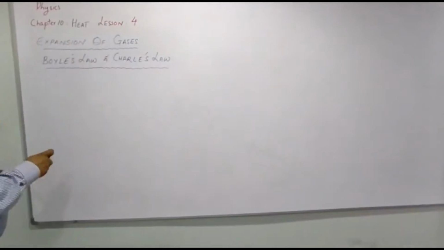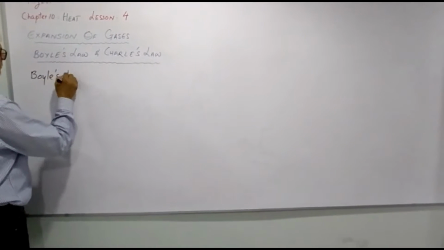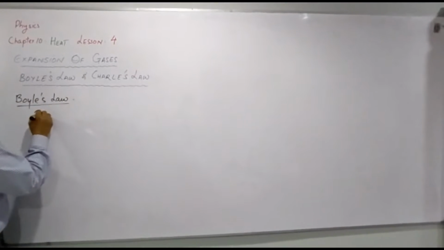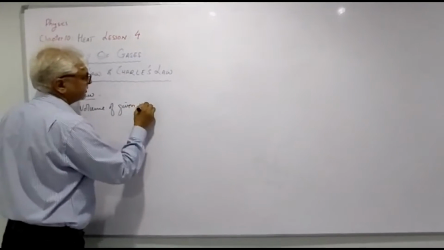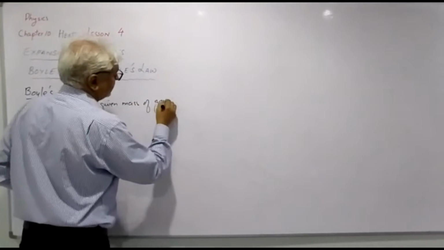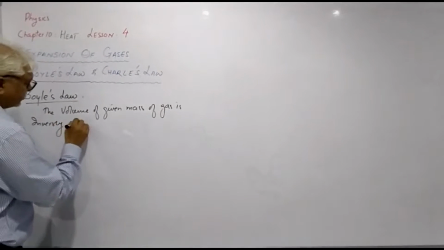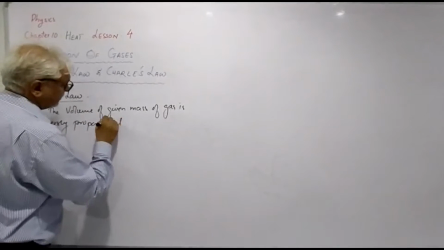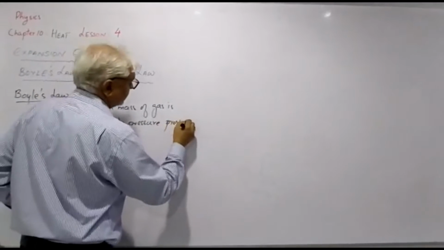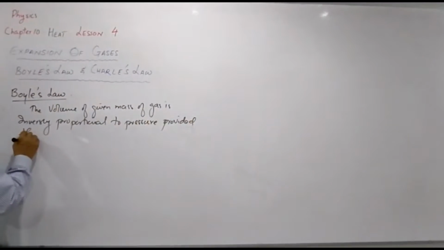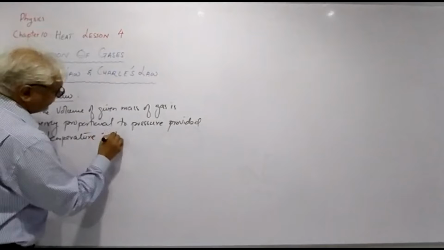And he stated, I'll just write down the statement. According to Robert Boyle, the volume of a given mass of gas is inversely proportional to pressure, provided the temperature is kept constant.